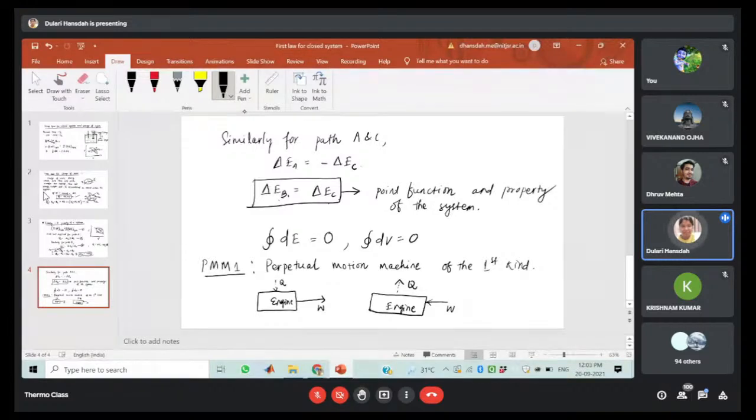Okay, so this type of engine is not possible, where we are giving continuous work or it is a continuous consumer of work without some other form of energy appearing.